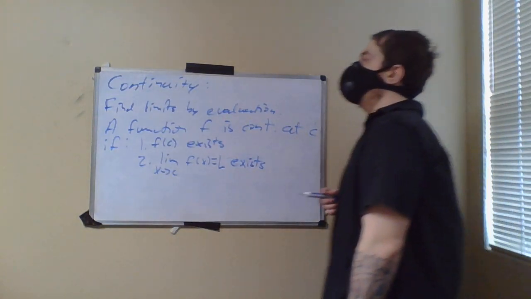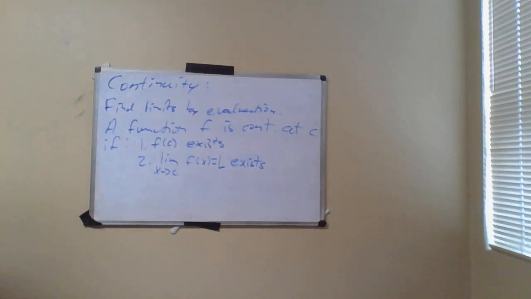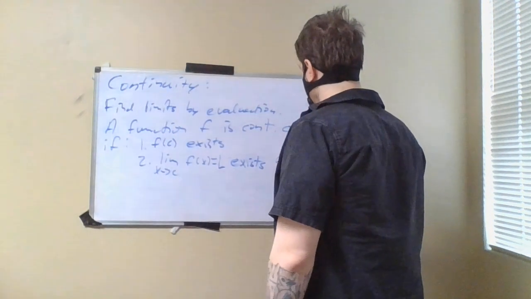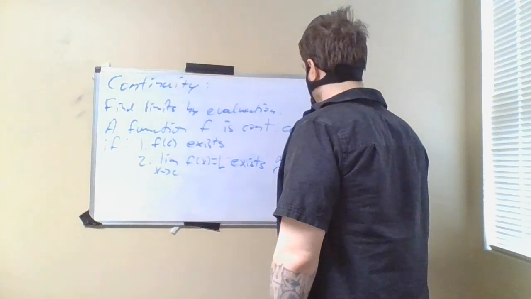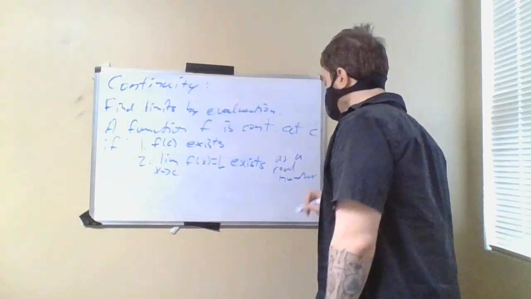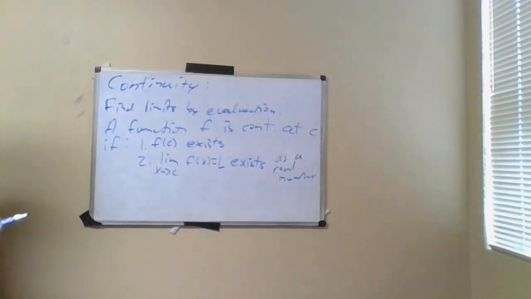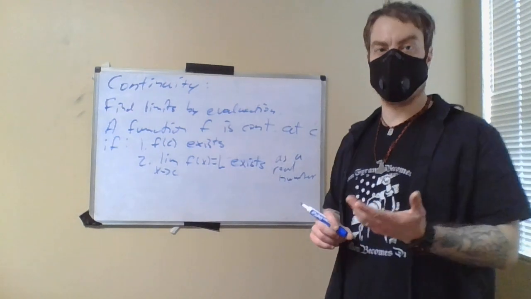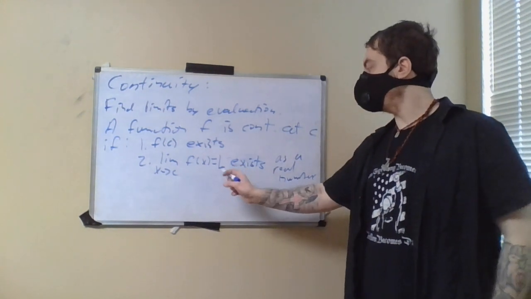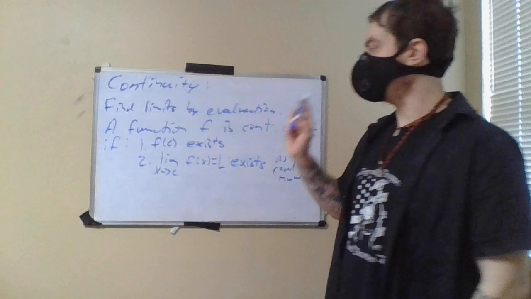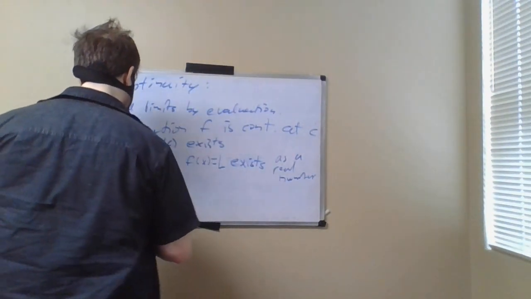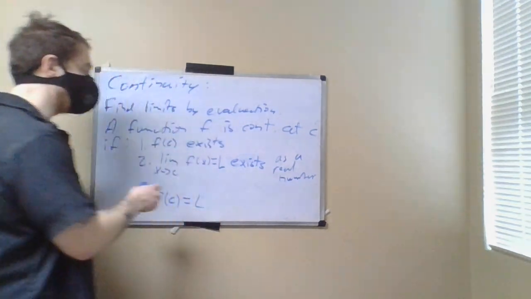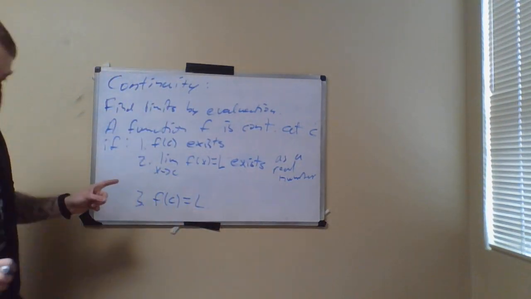What we're trying to say here by saying that this exists is that it exists as a real number. It's not simply that the limit doesn't exist as a real number, but we can express it as an infinite limit. No, this has to be an actual number as a limit. And the third thing is that f evaluated at c is actually equal to said limit.